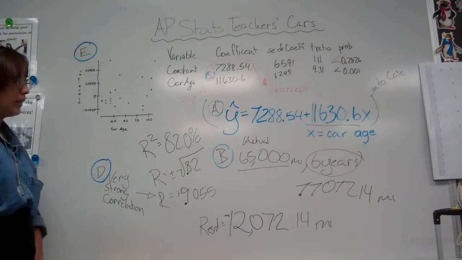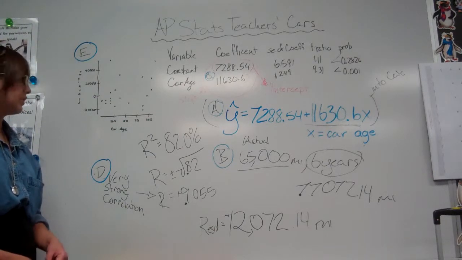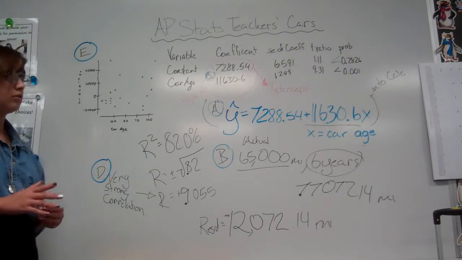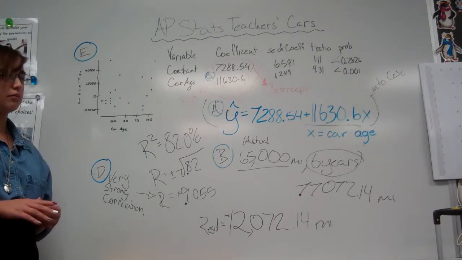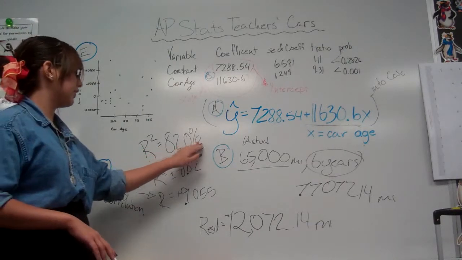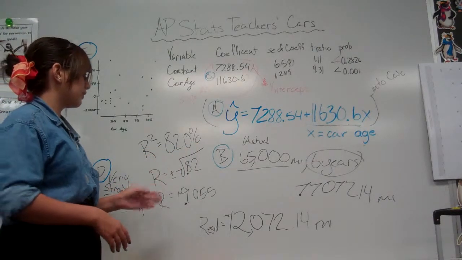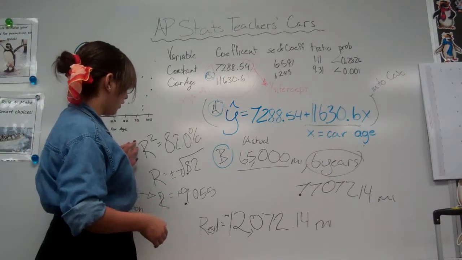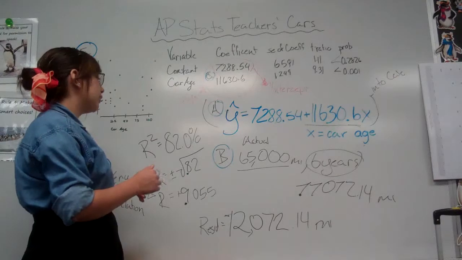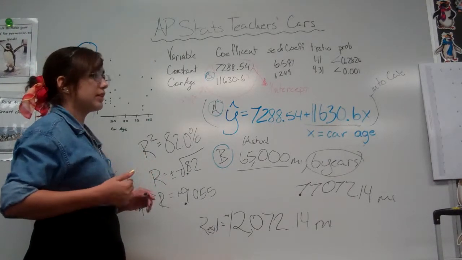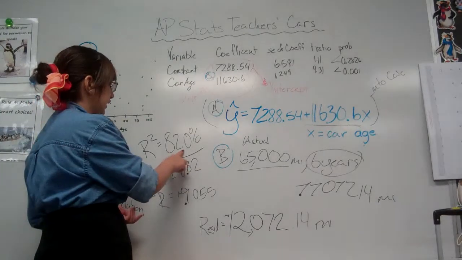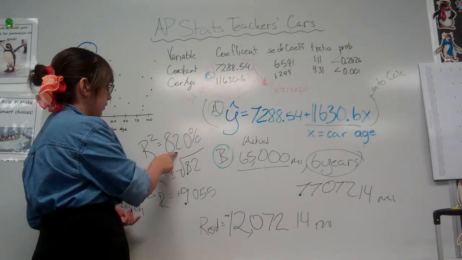One of the other pieces of information was r squared, the coefficient of determination. We got 82% for that. To find r from r squared, we need to find the square root of 0.82, because percentages are decimals too; we just carry the decimal place over two.